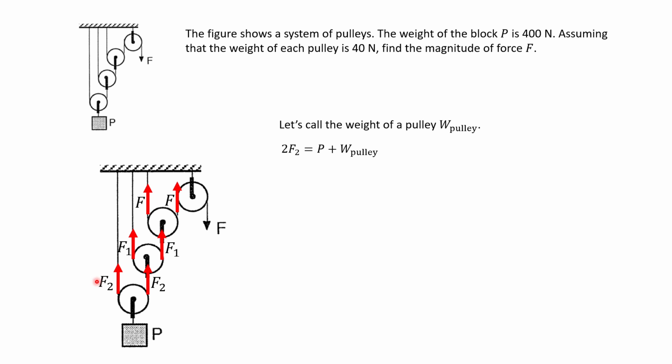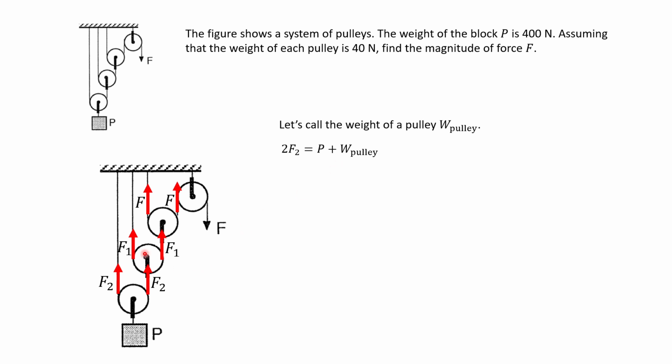So F2 plus F2 are holding up block P and a pulley, which has a weight of W. So 2F2 has to be equal to P plus W.